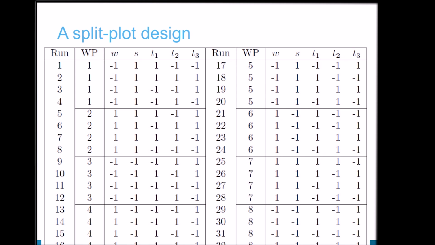You can still do a nice data analysis for the easy-to-change factors and for interactions between hard-to-change factors on the one hand and easy-to-change factors on the other hand. You can still do that, but everything that only involves hard-to-change factors becomes troublesome because you cannot properly estimate the variance components.